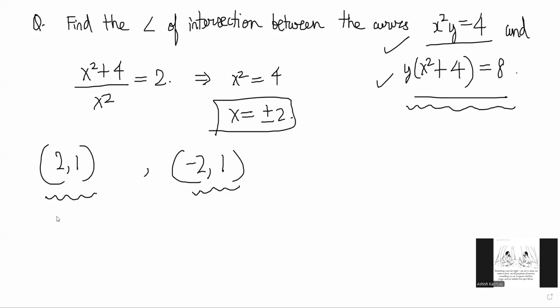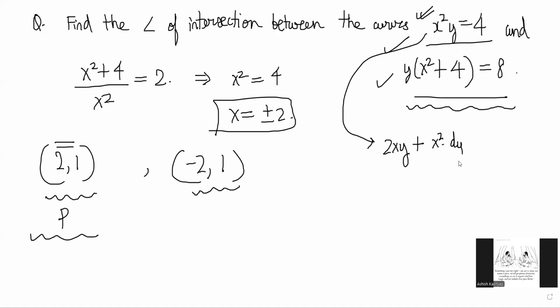Now, if I want to find the angle of intersection at this point P, then I have to find the slope of both of the curves at this point. So I find dy by dx for this. How do I do that? I will differentiate. I'll get 2xy plus x squared dy by dx equals 0.